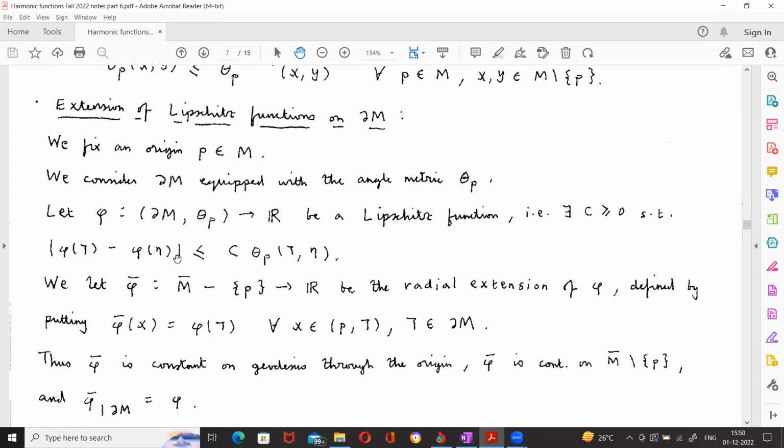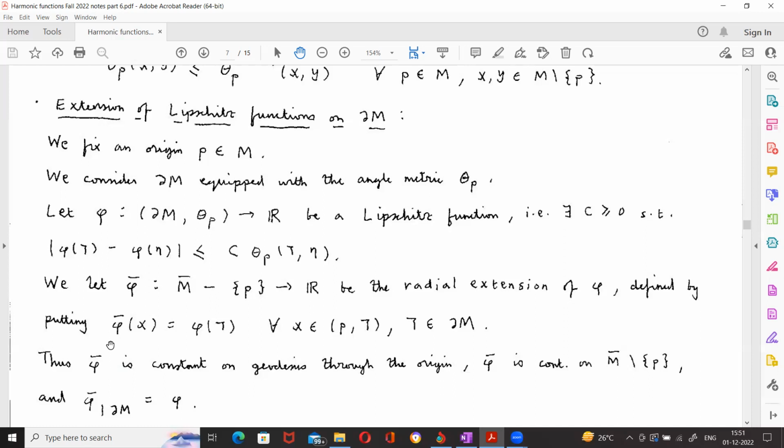So now what we do is we define a function phi bar on M bar minus the point P, which is the radial extension of phi.